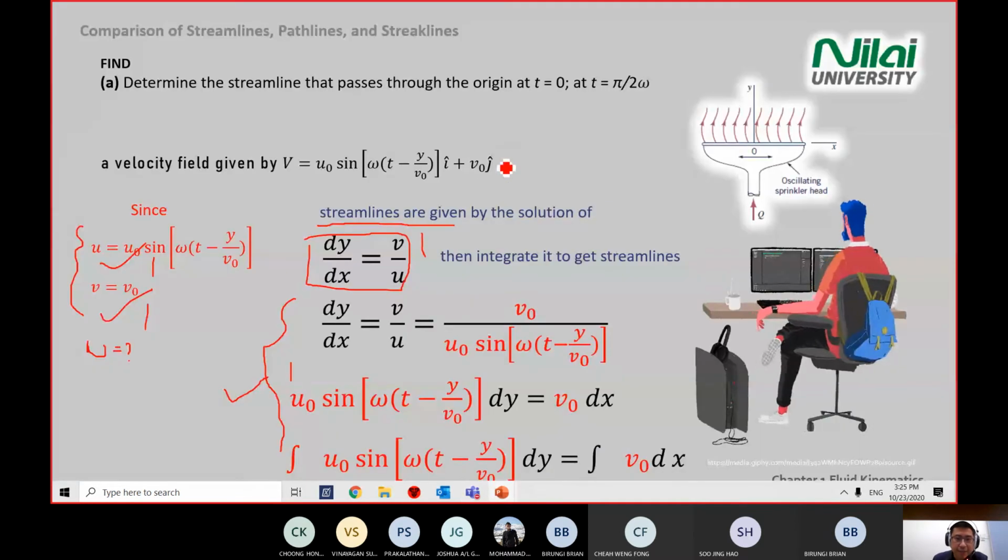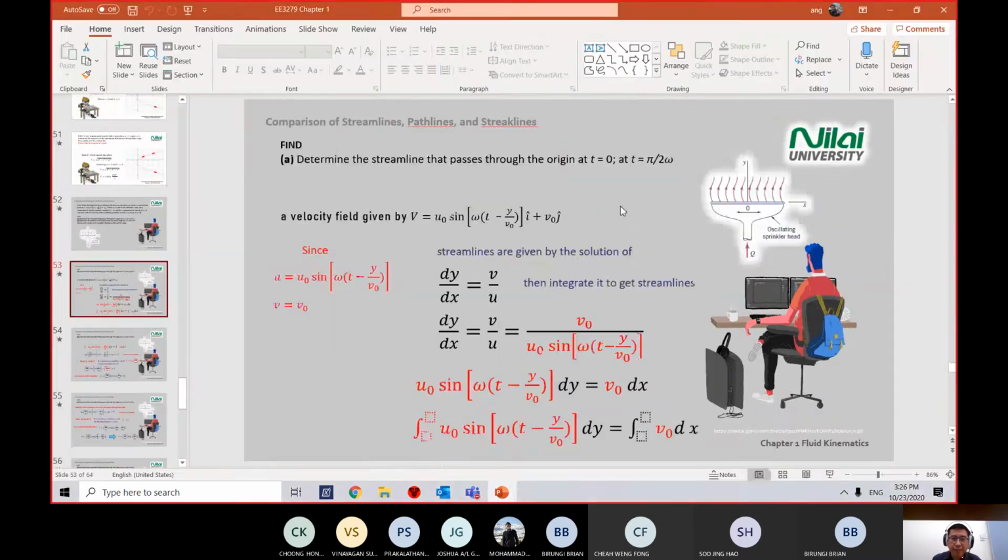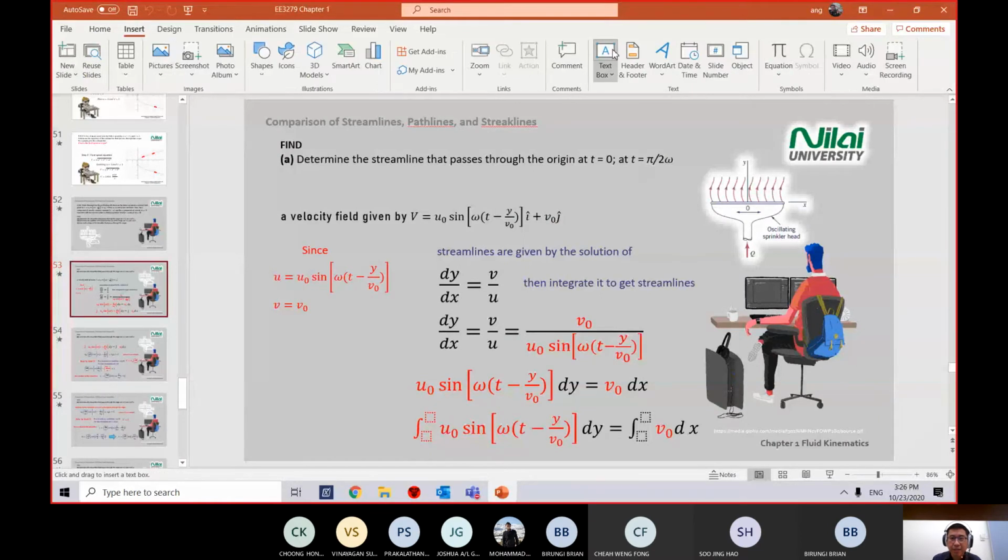Okay, now just now there's a question. Let's say we have V1 K here. So this is a three-dimensional. How we link with this one? So normally, if you have a 3D, the question will say something. Okay, the question, I will just type it out so you can see.